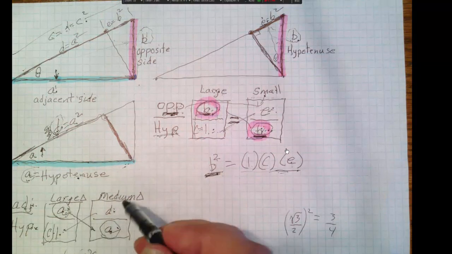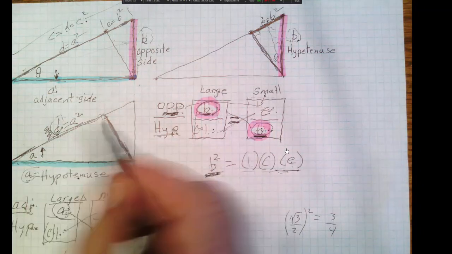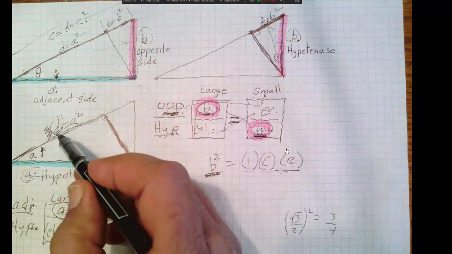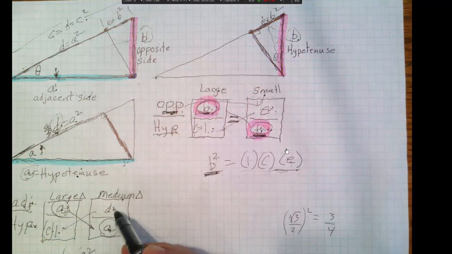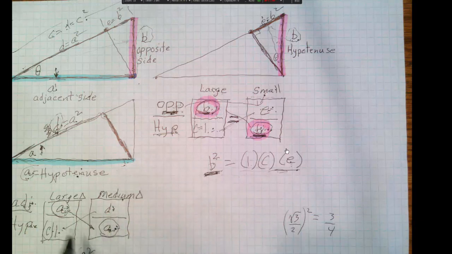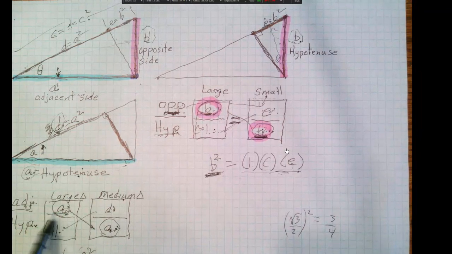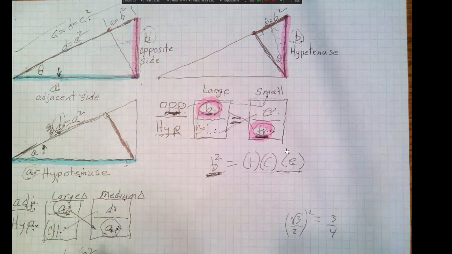For the medium-sized triangle, we're going to examine the same ratio, adjacent side over hypotenuse. Here's the medium-sized triangle, and here's the adjacent side of this, which we've got labeled as D. So D over A, and we've got that right here, D over A. So in this framework, we see again that this side A, which was an adjacent side, has reversed its role to become a hypotenuse on this medium-sized triangle.